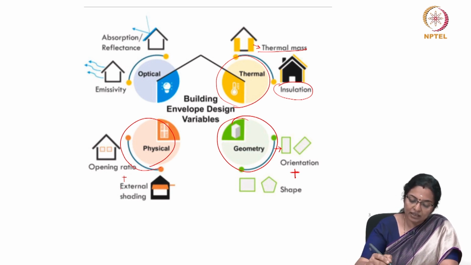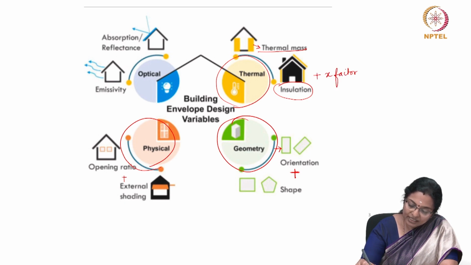When you have the thermal mass having the X factor along with the thermal component on the facade, on the elevation, it will result in reduced heat gain in warm places.